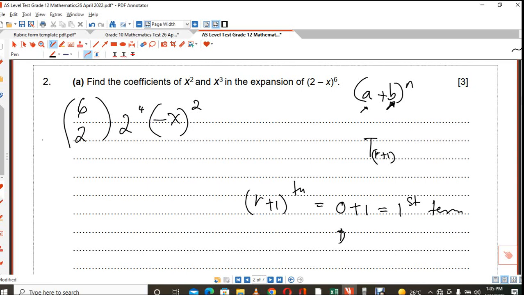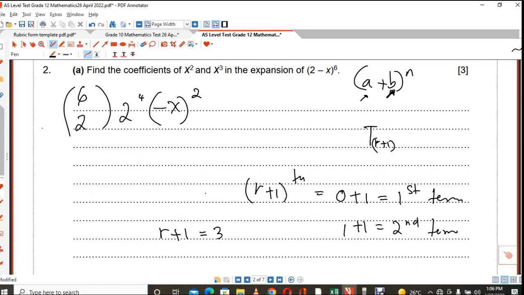So this here is the second term. So if r plus 1 is equal to 3, for example, what is the position of the term?